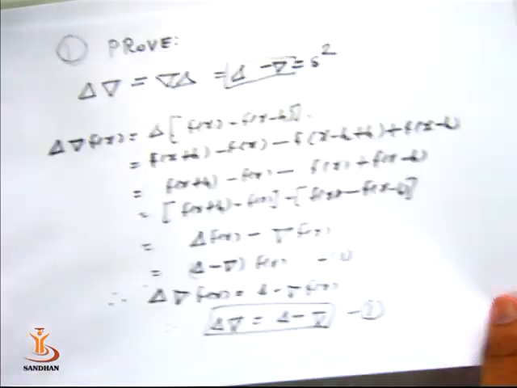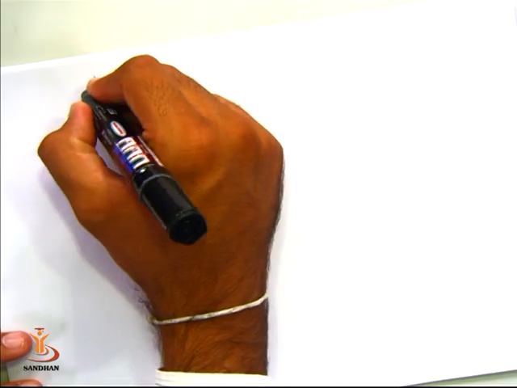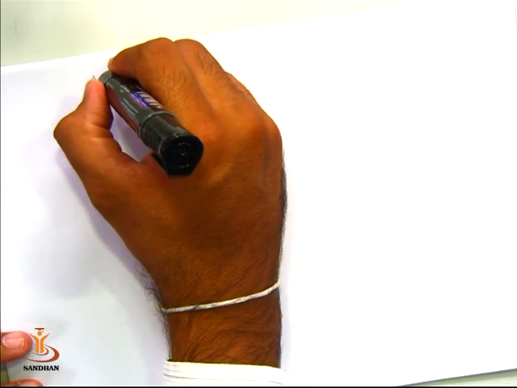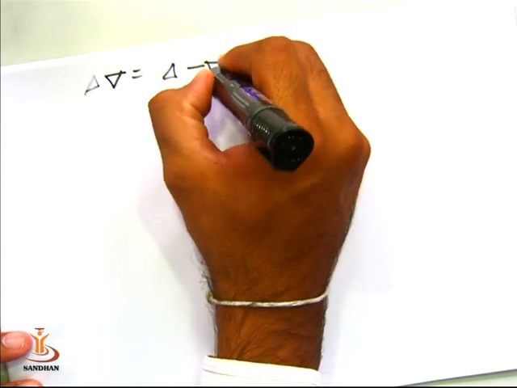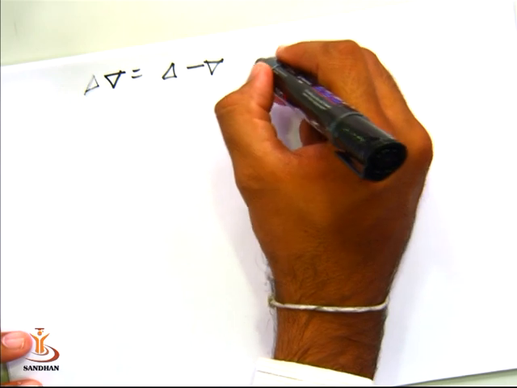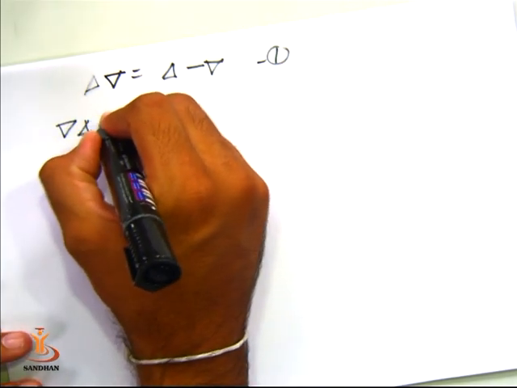Now let us try to obtain the second result. This time we have delta into nabla, which we already obtained as delta minus nabla, and now we will try to obtain the result for nabla dot delta.